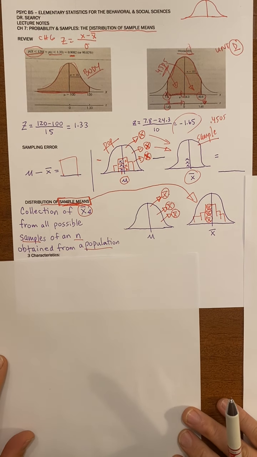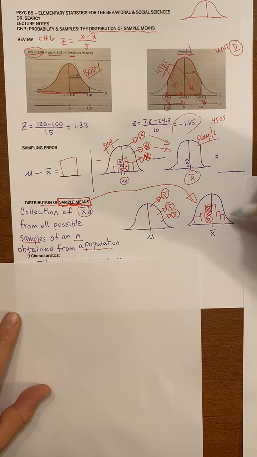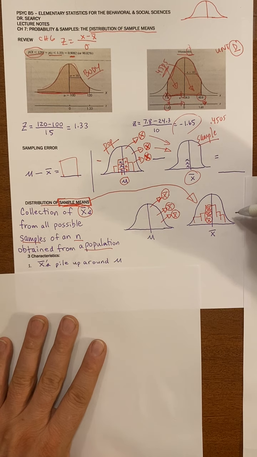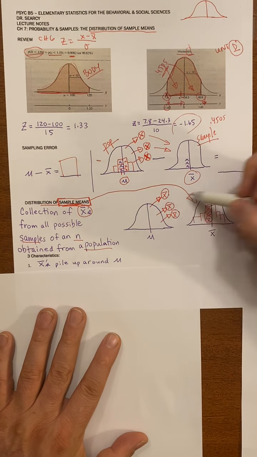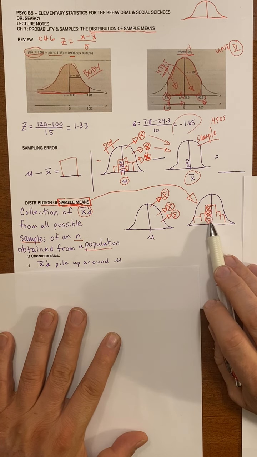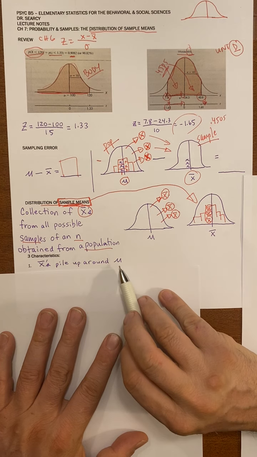Okay, so from here, I want to identify 3 characteristics of this new type of distribution that we're talking about, the distribution of sample means. First characteristic is, as you pull the participants out, the means, each group's entry, is going to pile up around the mu, right?